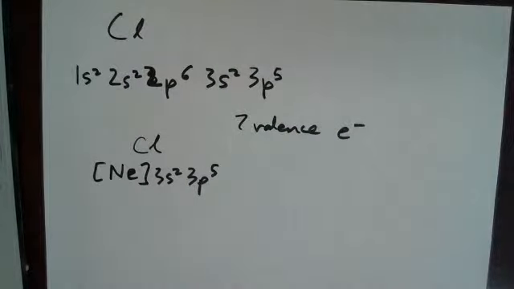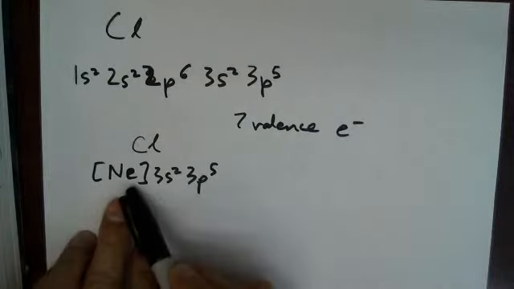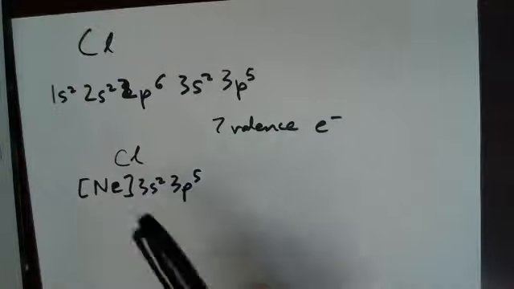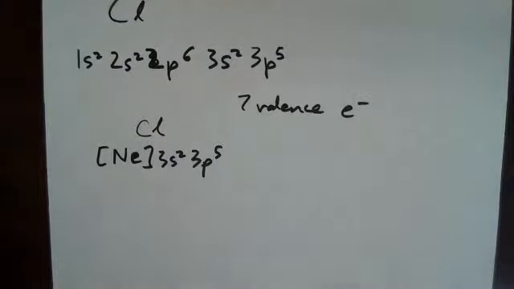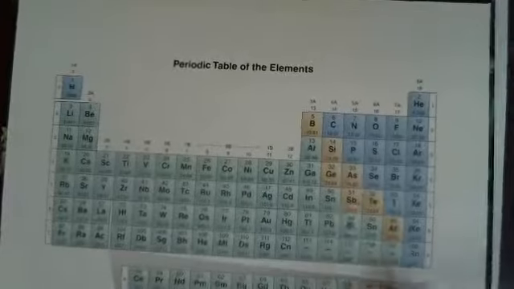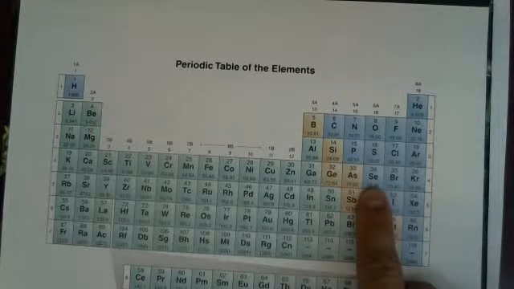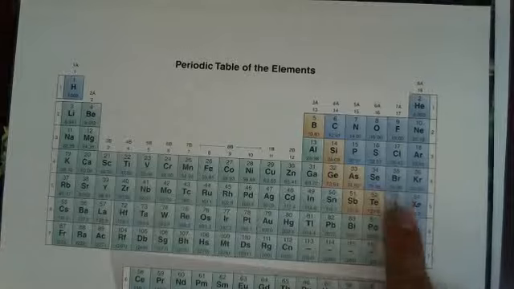I hope those examples help. If you're going to write it out like this, it always has to be a noble gas. You don't just pick any element at random. If I was going to do bromine again, I wouldn't just pick selenium and then add an electron somehow.